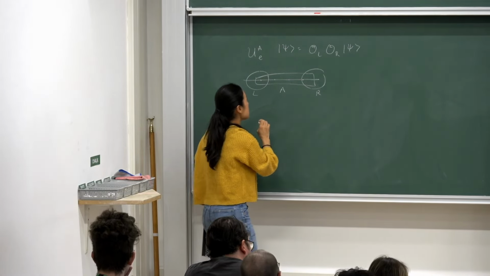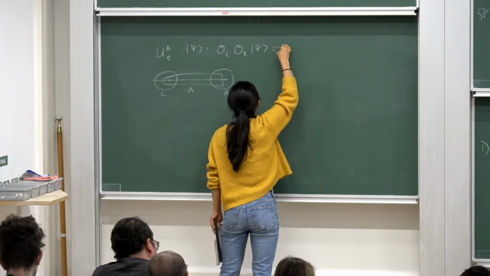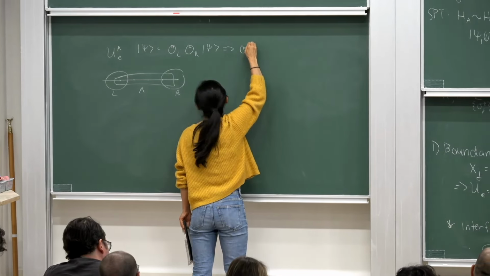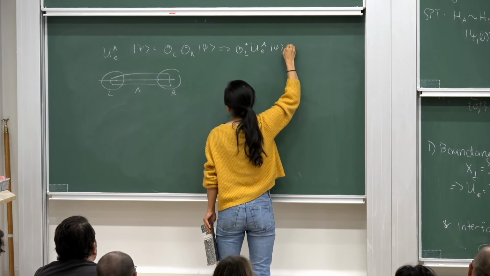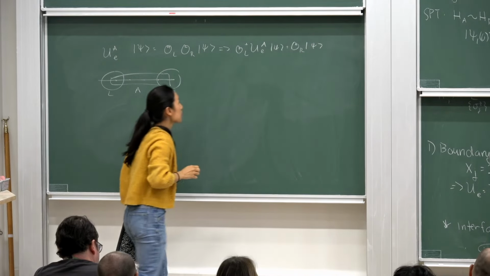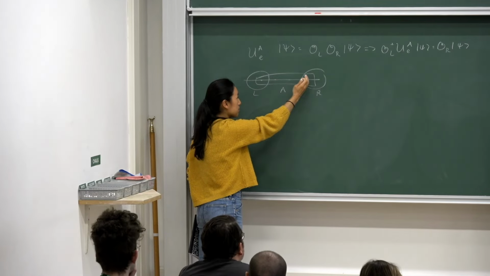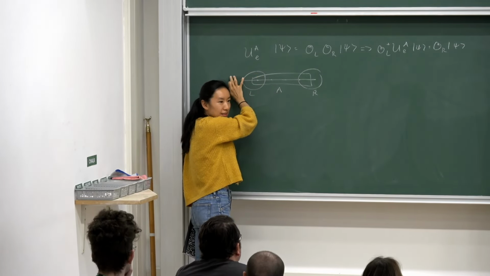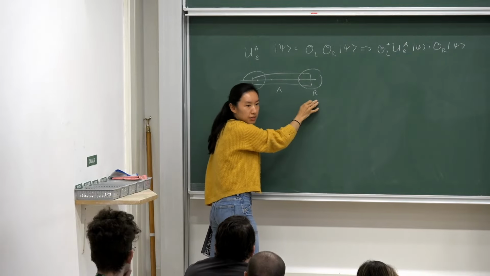So what this means is that now what I can do is, if I want to instead do a symmetry transformation on my state and leave the rest of the state looking like the ground state, this creates excitations at left and right endpoints.